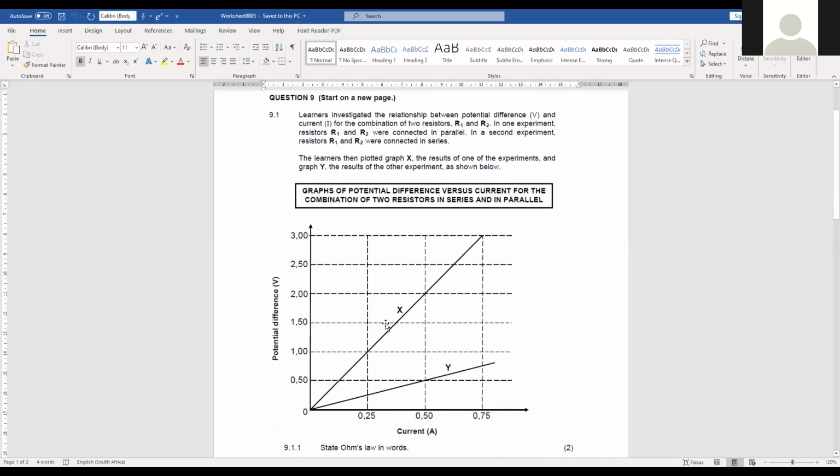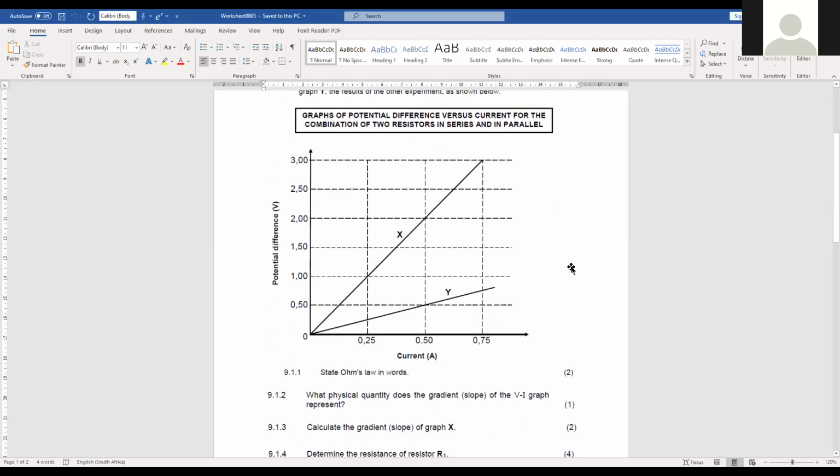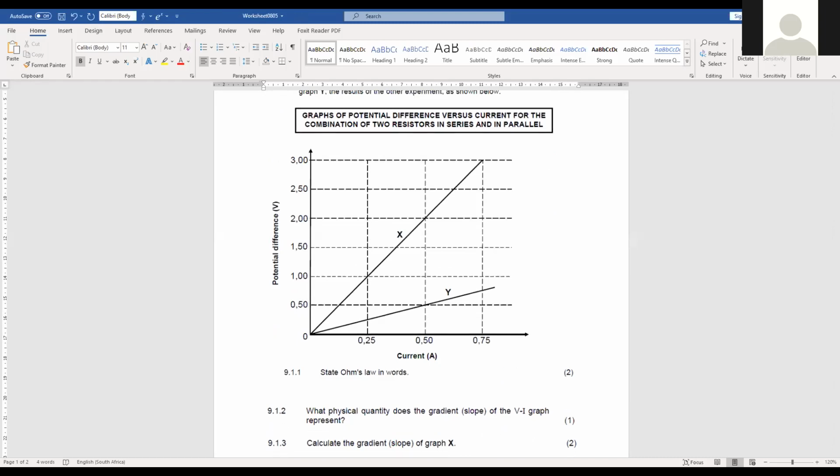Resistors R1 and R2 were connected in parallel. In a second experiment, they were connected in series. The learners then plotted graph X and the results of one of the experiments and Y the results of the other experiment.